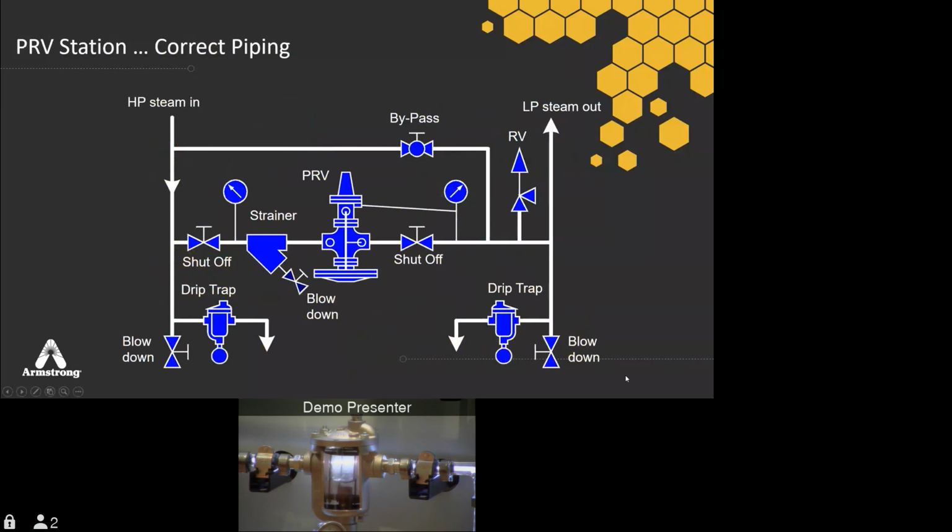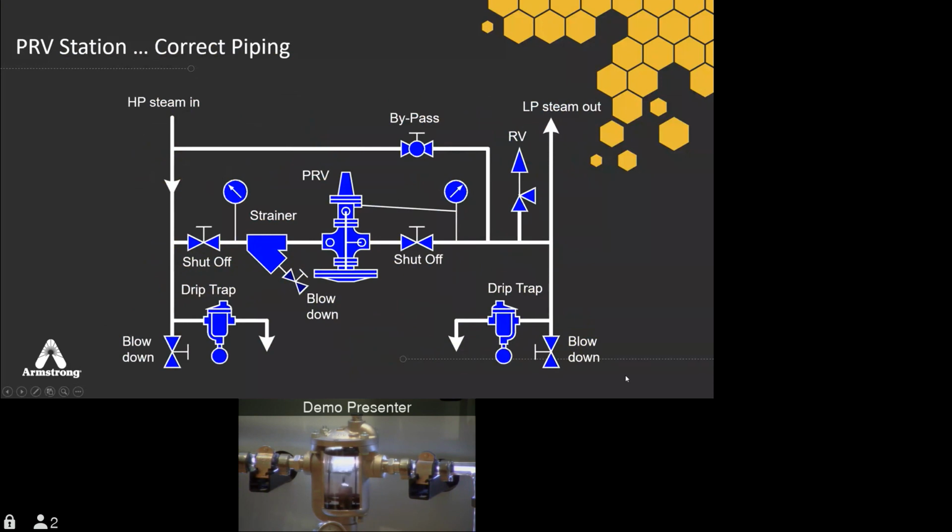Quickly on a PRV station, and for the essence of time, normally we would take a look here in the room at our station here, but we'll just look at this diagram. As you can see, our high pressure steam coming in the top. We come down and we have a drip trap, just as we discussed. Always a drip trap ahead of a PRV or a control valve station.